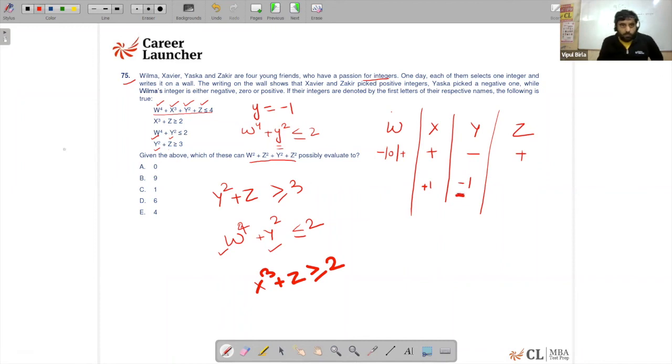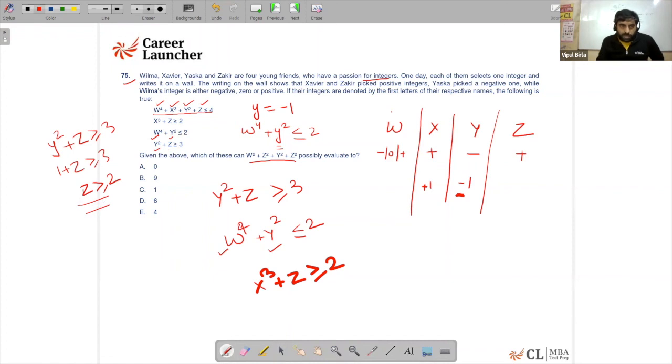All right, y square plus z is greater than equal to 3. So when y is minus 1, y square is 1, so 1 plus z is greater than equal to 3, or z will always be greater than equal to 2. So the minimum value for z is going to be 2.